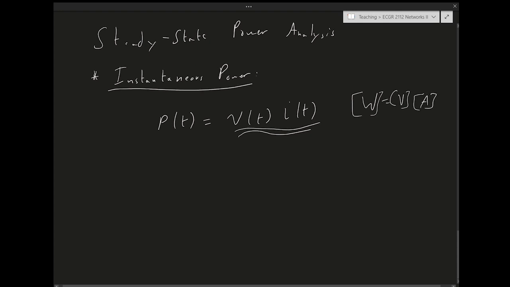Right? And then there is the sign convention when calculating power. Power for every element is either absorbed or supplied, right? So what determines whether power is absorbed or supplied depends on the sign convention.